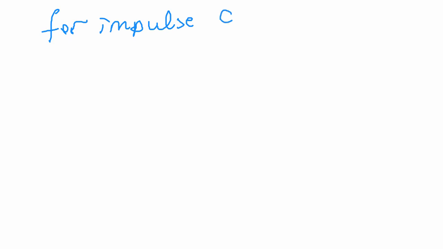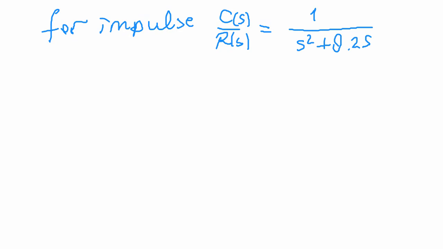CS over RS is equal to 1 over S square plus 0.2S plus 1.